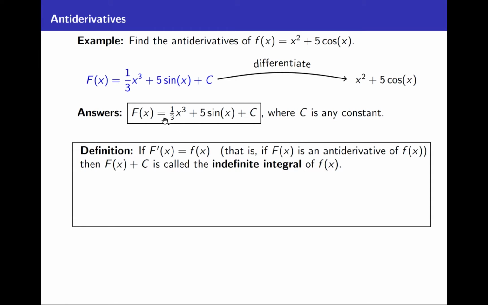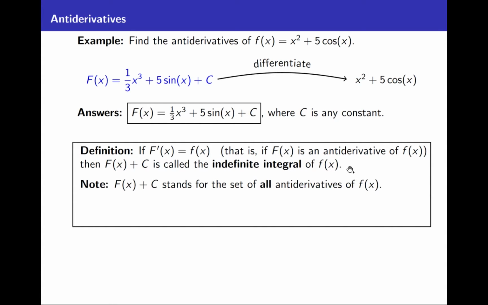So we would say that big F of x equals 1/3 x cubed plus 5 sine x plus c is the indefinite integral of x squared plus 5 cosine x. So notice that big F of x plus c stands for the set of all antiderivatives of f of x. So that's the difference in the meaning of indefinite integral and antiderivative.